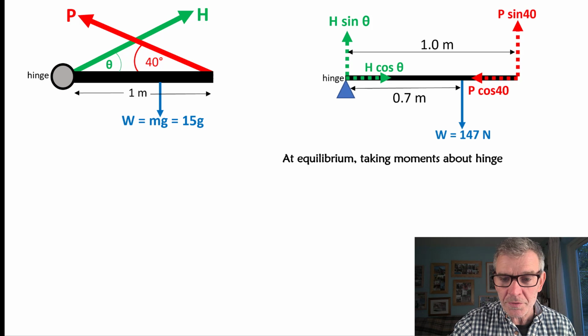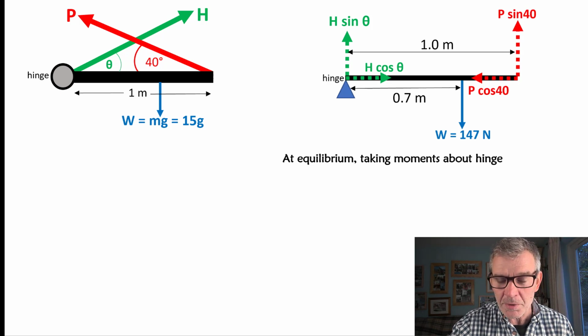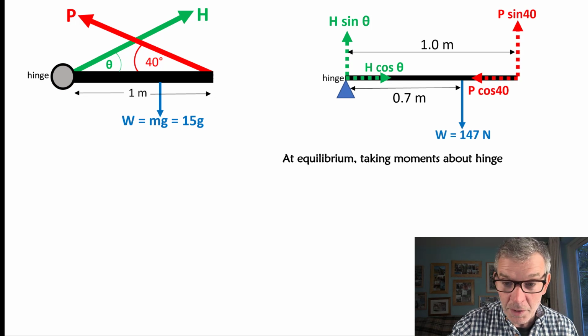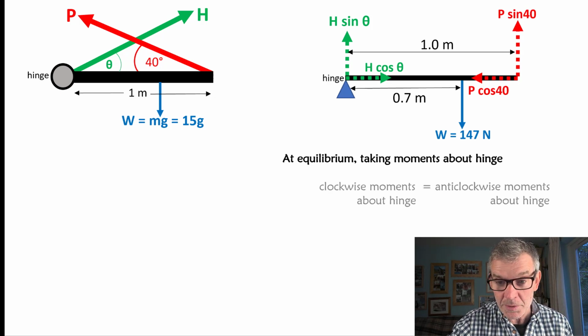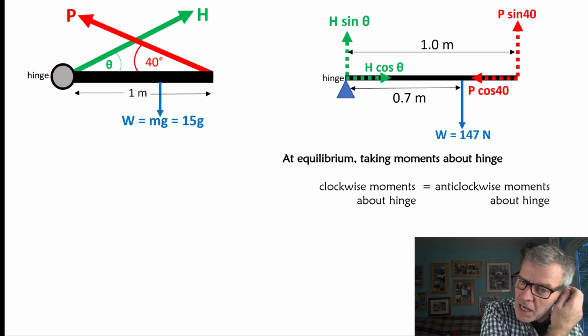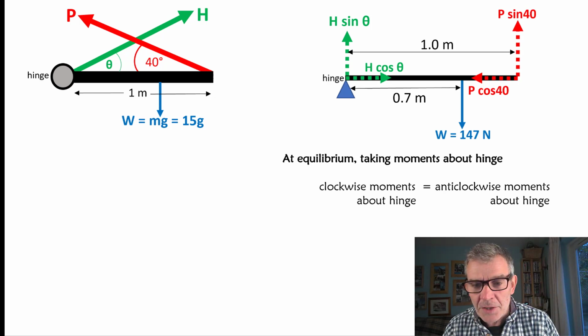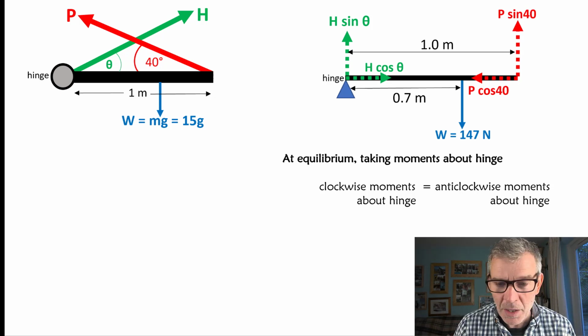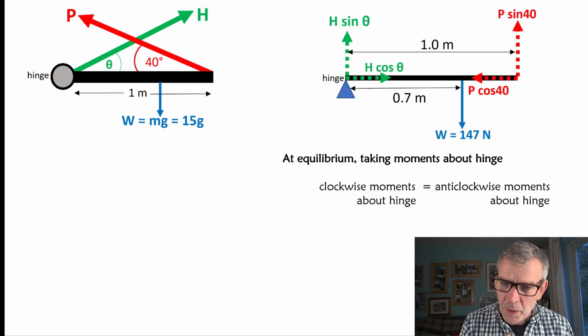You know one of the conditions of equilibrium is that we can take moments about any point. In other words, the clockwise moments are going to equal the anti-clockwise moments. Now we're going to take moments about the hinge, but we've got to choose our point wisely.